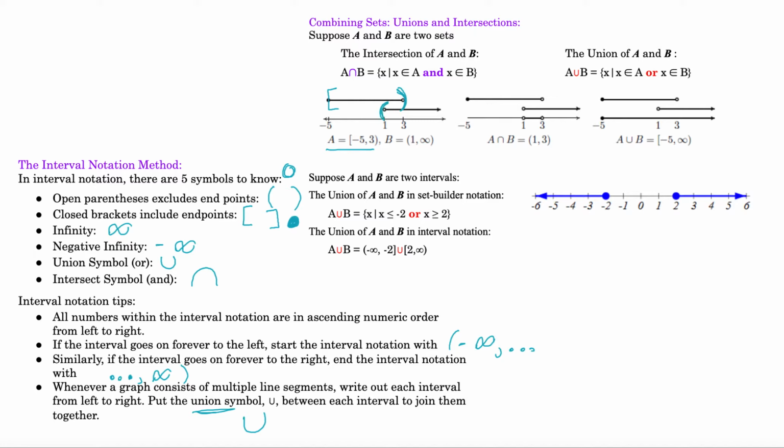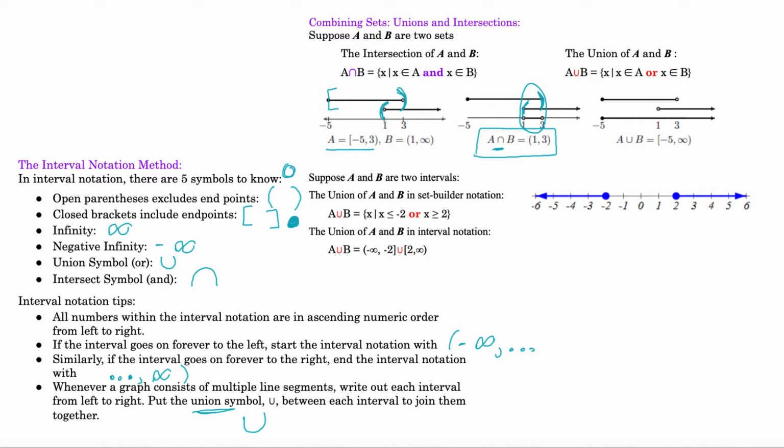Let's find the intersection. So the intersection is exactly what it sounds like. Where do these overlap or intersect with one another? When I look at the intersection of them, I'm looking for where they overlap. And I notice they overlap on the interval between 1 and 3, and noticing that those are both open circles, we would utilize parentheses. So the intersection of A and B, where they overlap, is between 1 and 3.